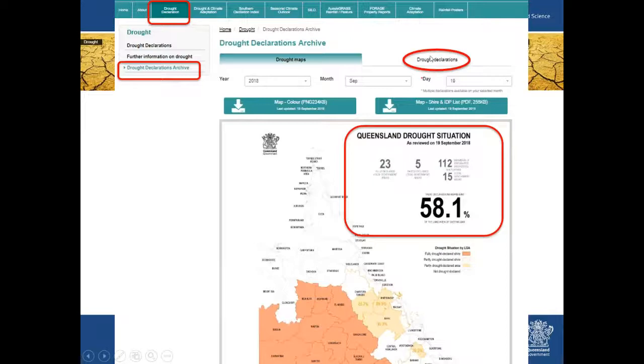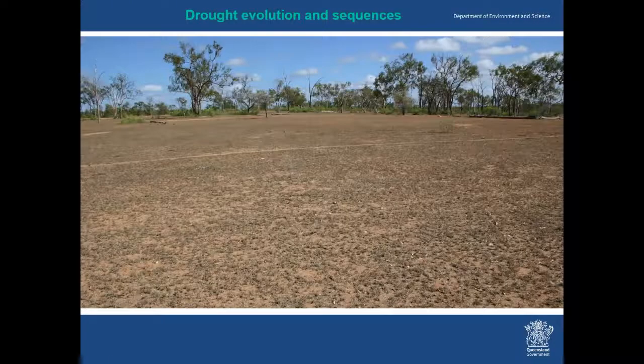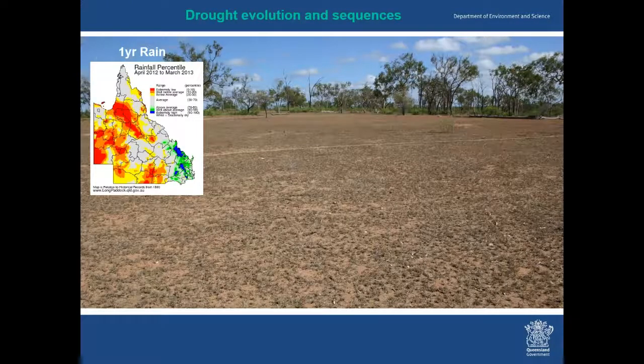So we're going to be making some changes to this page as well, and what we'll be trying to do is put some sequences together that will entail the rainfall, and this is just an example from the start of this current drought, say in April 2012. This is the 12-month percentile map compared to history.